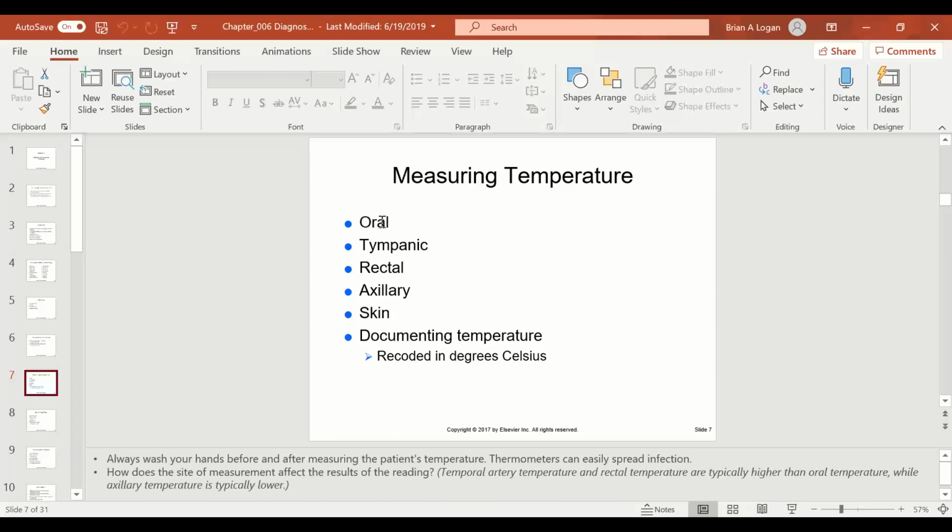It could even be higher. This is the problem with the oral: if you just drank, say, some hot coffee, or you had a cold soda or something like that, then it's going to affect the temperature reading on the thermometer. And then your axillary temperatures are typically your lowest readings because you're just getting up underneath the armpit. You're not actually getting in the body.